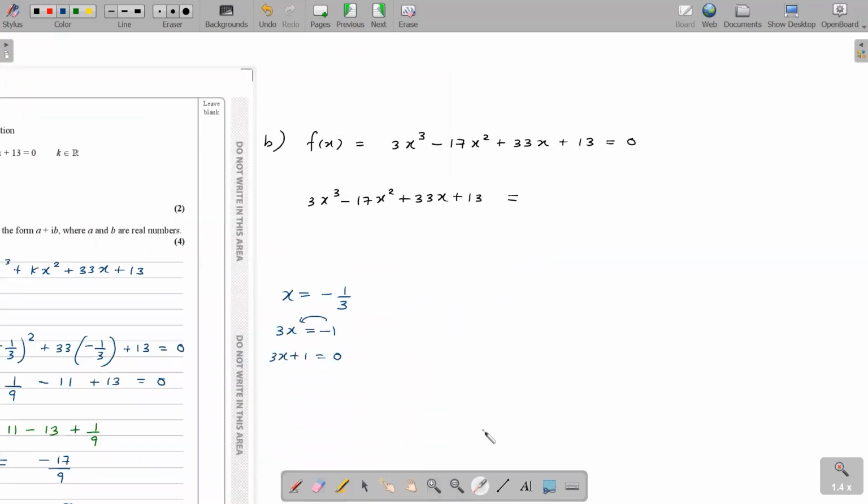So now you know it's a cubic equation, and we normally expect to see 3 factors. But out of the 3, one factor is 3x plus 1, right? So the other remaining factor should be a what type of factor? It's a quadratic factor. Do you agree? It should be of the form ax squared plus bx plus c, because the other remaining part is a quadratic term.